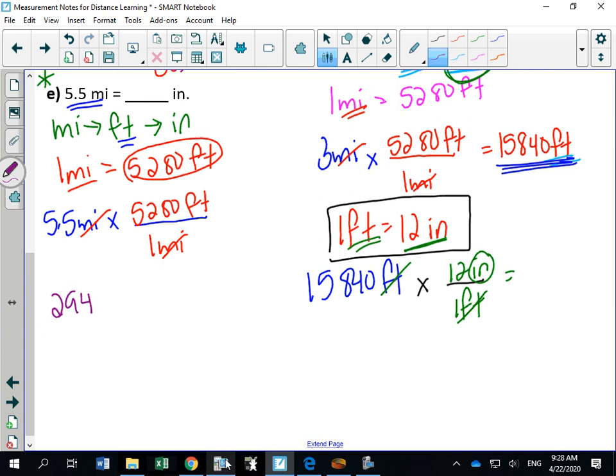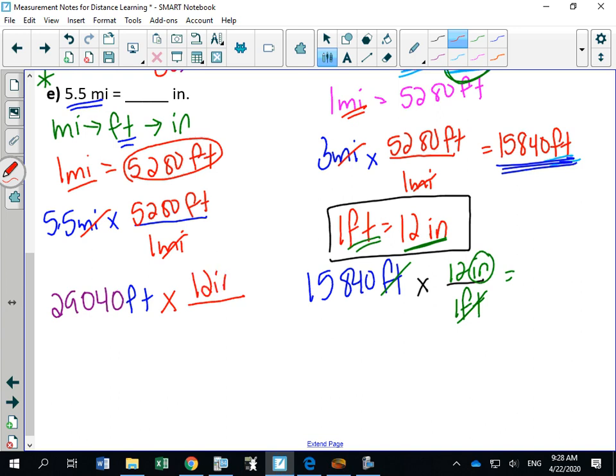Oops, let me just check. 29,040 feet. Now I have to do my conversion from feet to inches, and I have it written right here. So I'm going from feet to inches. If I want inches, inches goes on top. What I want always goes on top.